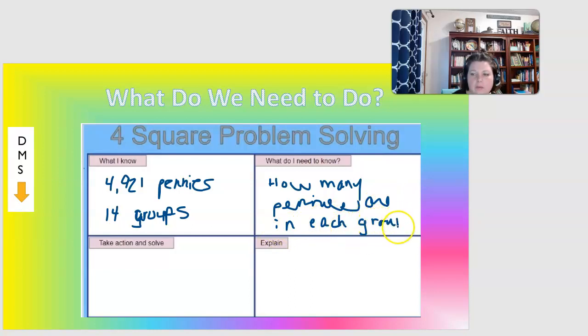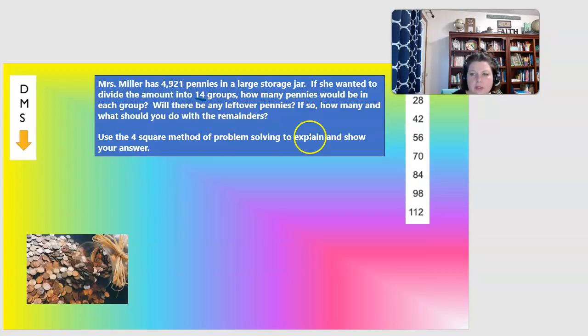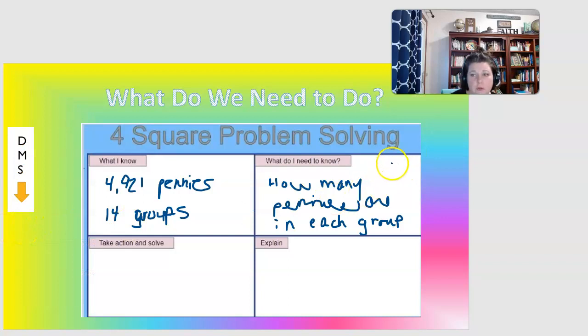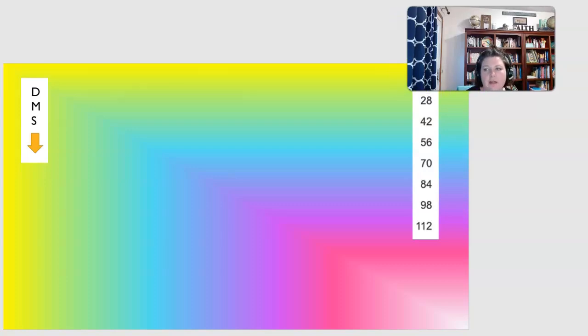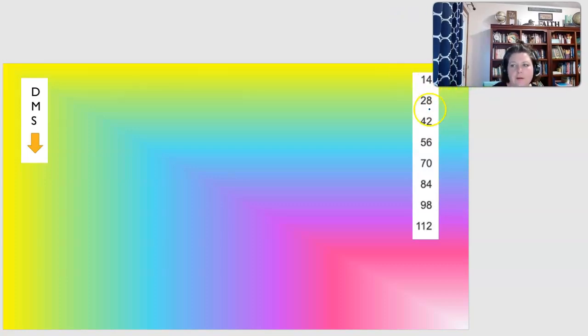Also, another part that the question asks is, will there be any leftover pennies or a remainder? Let's find out. Let's take action and solve. So I have here the list of 14s.